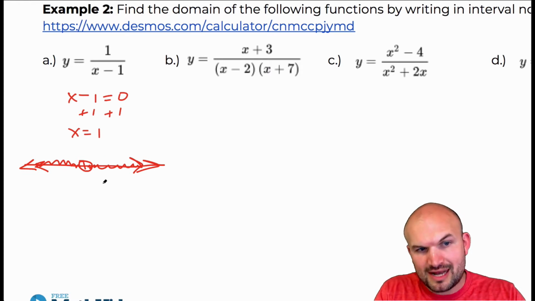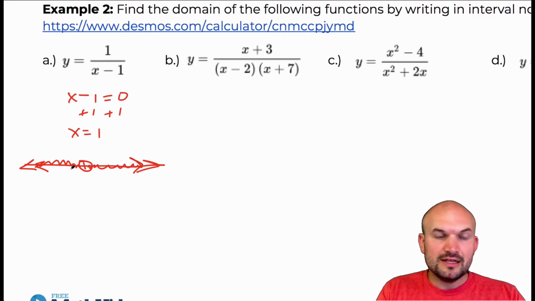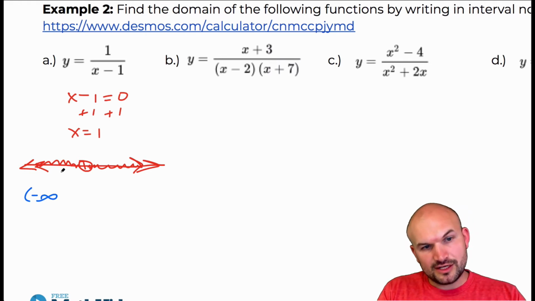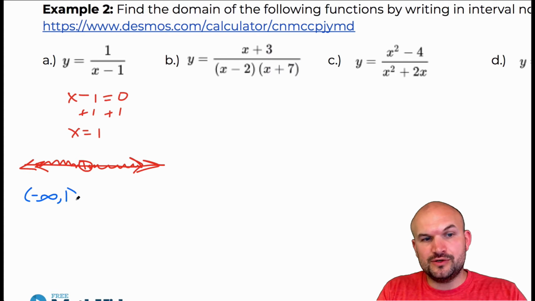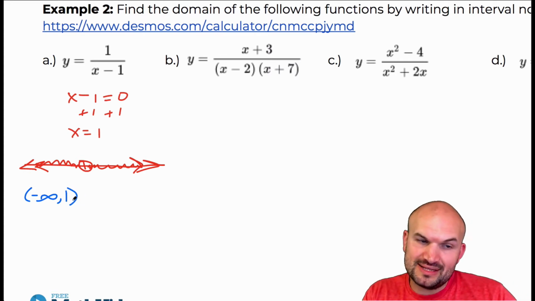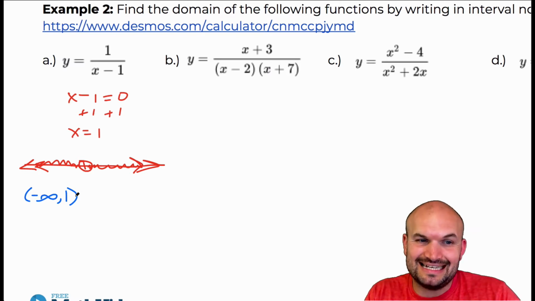So how could I write the domain for this in interval notation? Well, the values can go all the way to negative infinity. And then they can go all the way to this value 1, but they can't equal 1. So that's why we use the open parenthesis. So 1 with a parenthesis is basically saying it's going all the way close up to 1, but not equaling 1.